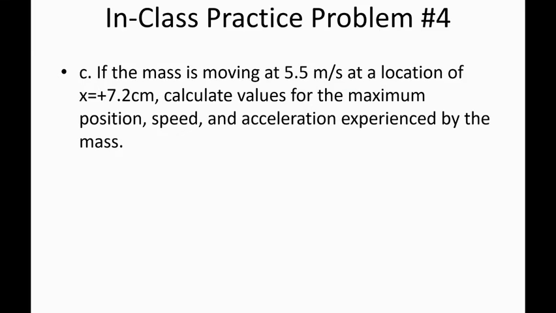So it says if the mass is moving at 5.5 meters per second at a location of 7.2 centimeters, calculate the values of maximum position, x max, velocity max, and your acceleration max. Okay, so x max, what are we going to end up doing for that? For that one, we're going to look at 1/2 mv squared plus 1/2 kx squared equals 1/2 ka squared, which is going to be your maximum position.